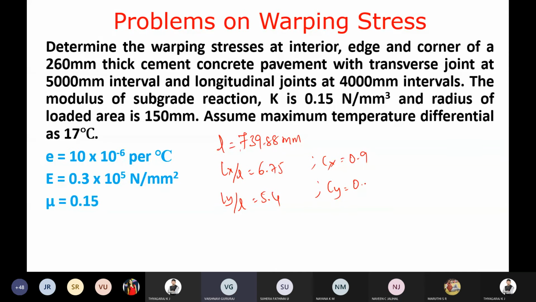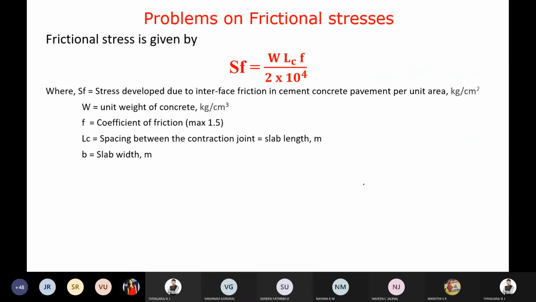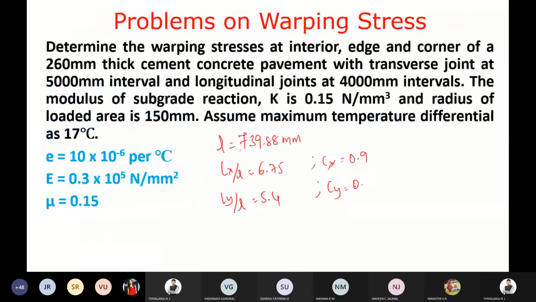0.98, 0.8. Now calculate the stress at interior. It will be in terms of Newton per mm square. Then stress at edge. So you are going to get two values.